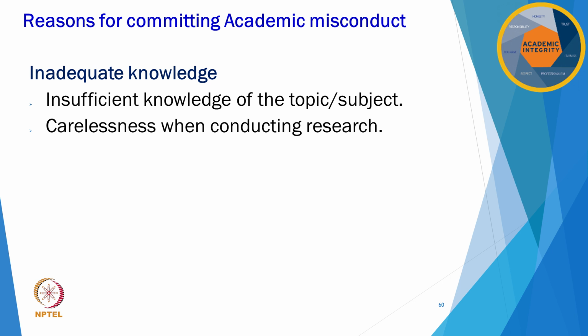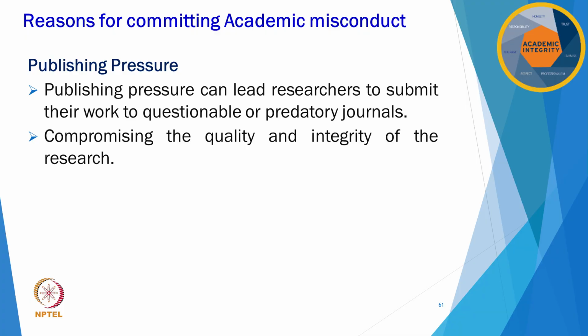Inadequate knowledge: scientific misconduct can occur if the researcher does not have sufficient knowledge of the topic or subject or of research best practices. Carelessness when conducting the research and reporting it is also considered research misconduct. Publishing pressure is also an important aspect of committing research misconduct.